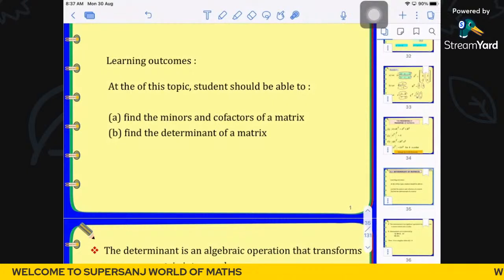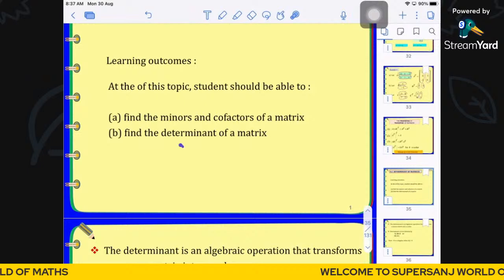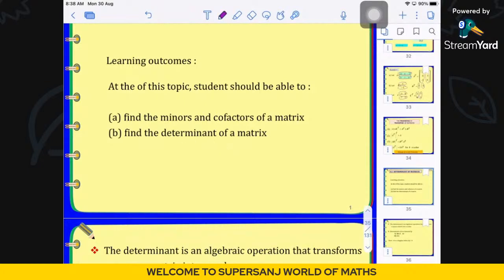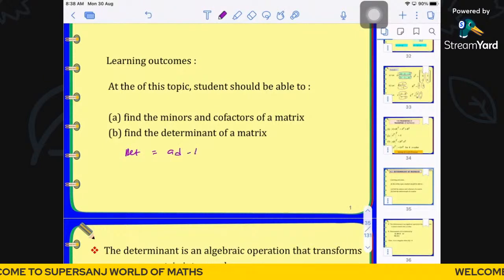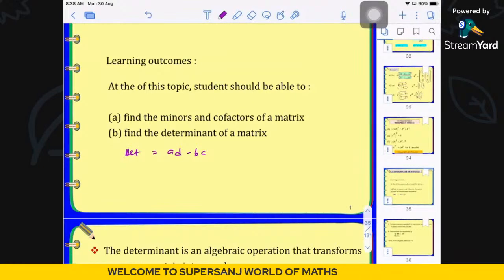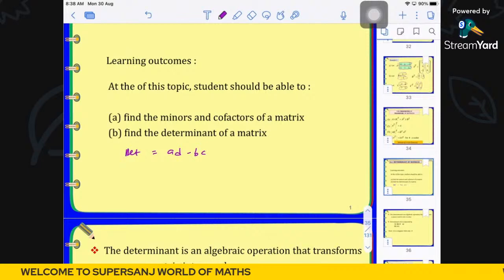You only studied how to find determinant for 2 by 2 matrix, so you straight away use the formula AD minus BC, yes or not? Determinant in Form 5 you studied is AD minus BC. Right now is the similar thing which we are going to do, but for more than 2 by 2 matrix, which is 3 by 3 matrix.